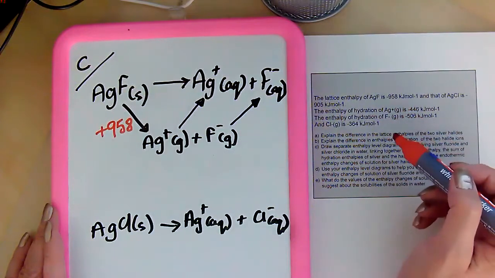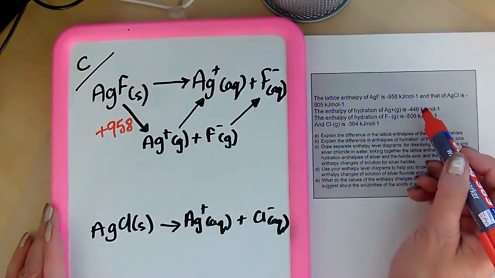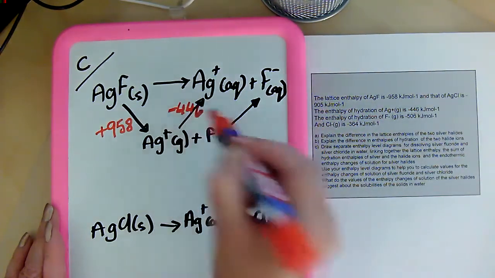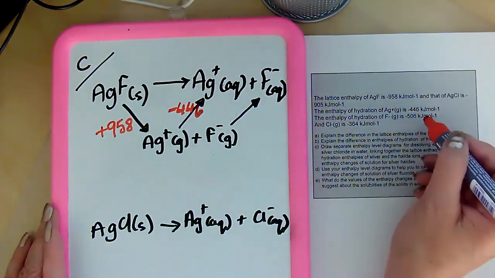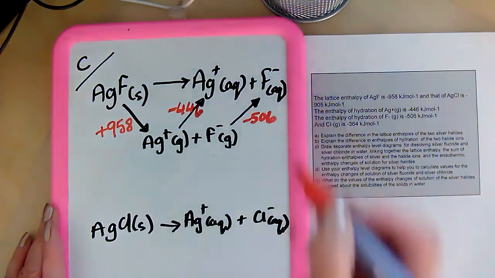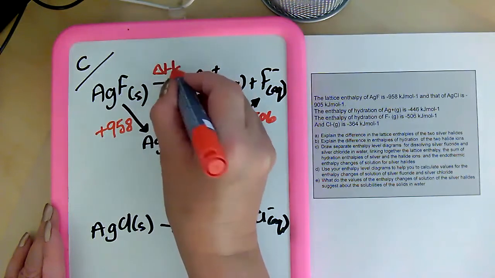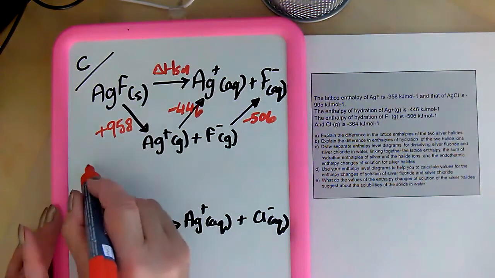The hydration of silver ions is -446, so minus 446, and hydration of fluoride ions is minus 506. So this is what we wanted to find, the enthalpy of solution.